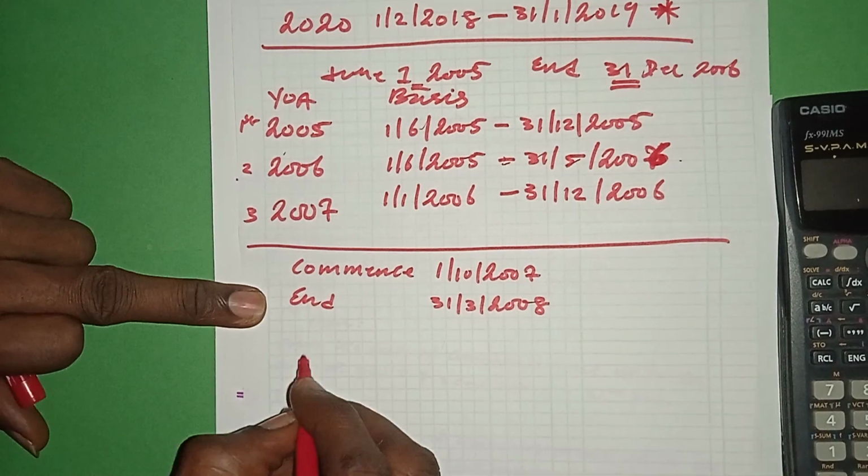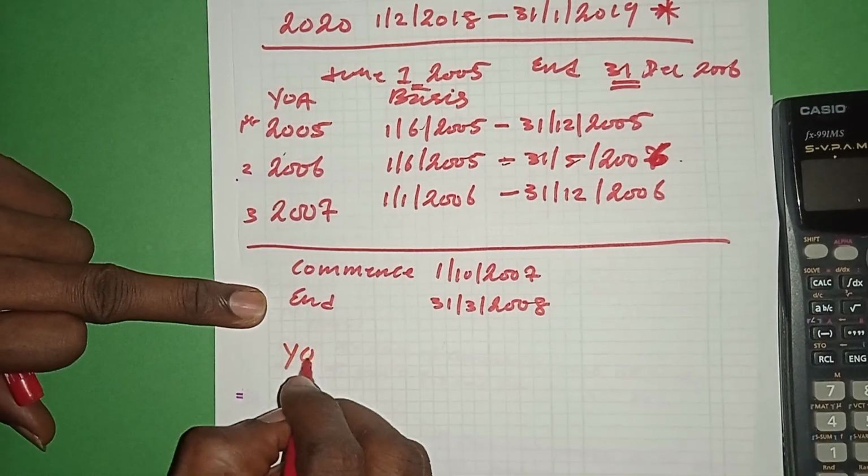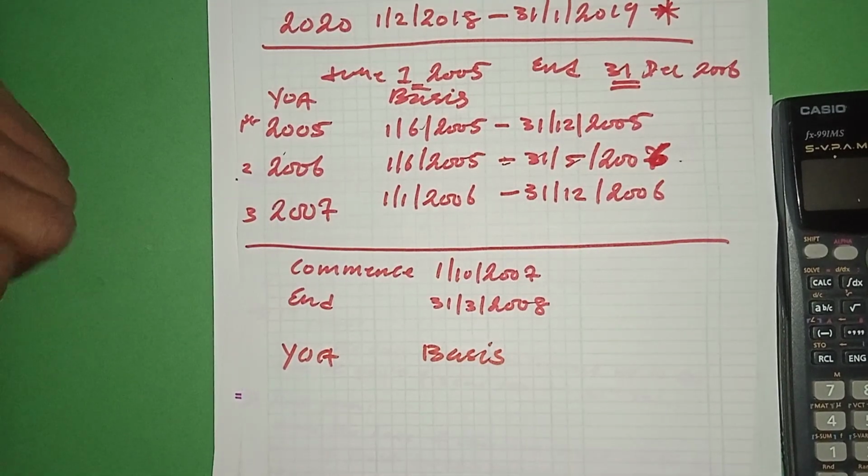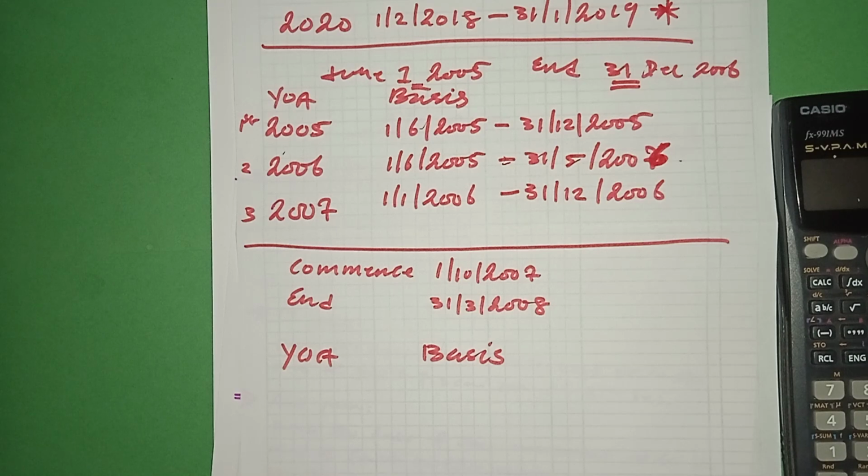Now, let's say year of assessment, basis period. I hope we still remember the rule. The first rule said from the date of commencement to the end of government fiscal year. The second rule stated from the date of commencement to the first 12 months. And the 3rd year will be on preceding year basis, where we will determine if we are going to repeat the 3rd year or not.